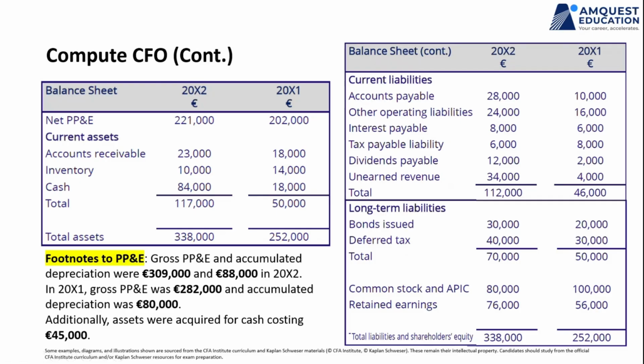Balance sheet data is also given to you. Try doing a direct method cash flow from operation. Take 5-7 minutes. Try and look at the data. Post which we'll solve this.